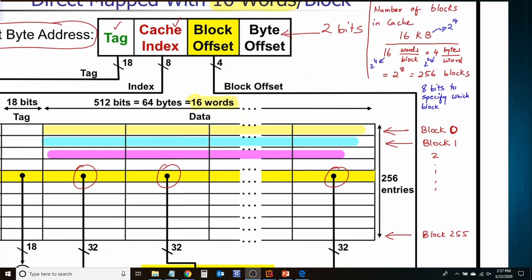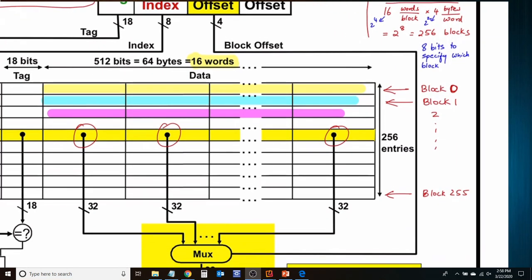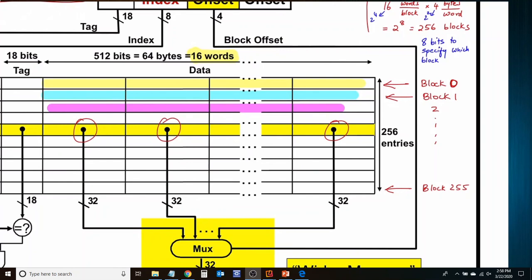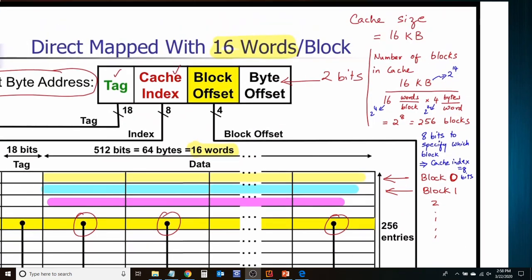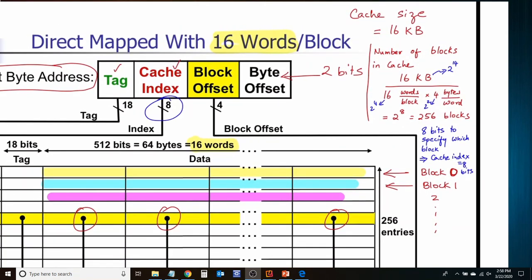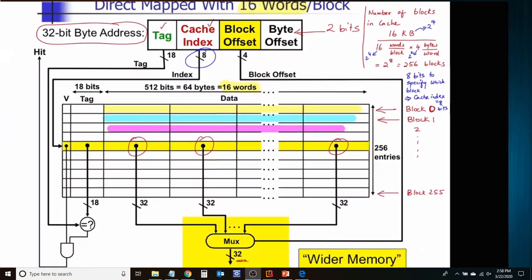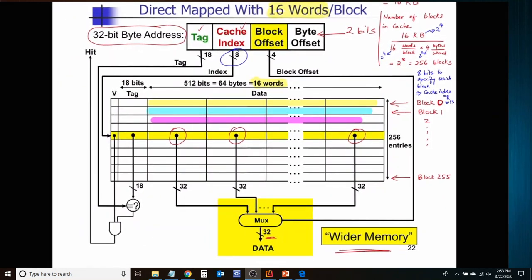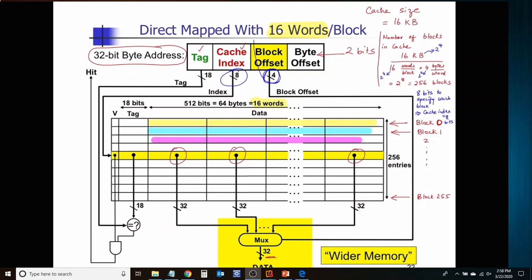So that directly gives me how many bits I need in my cache index. So cache index, that implies that my cache index should be 8 bits. Which is what I'm using over here. I would need 4 bits in my block offset. That's essentially because of 16 words per block.